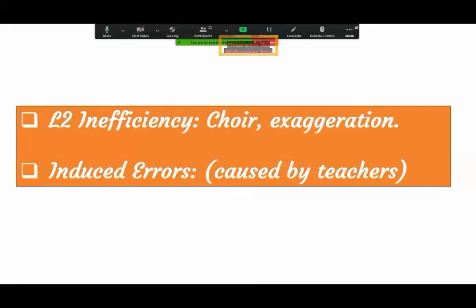Okay, so the third problem, which is a big problem, is called induced errors. The errors that are caused by teachers.